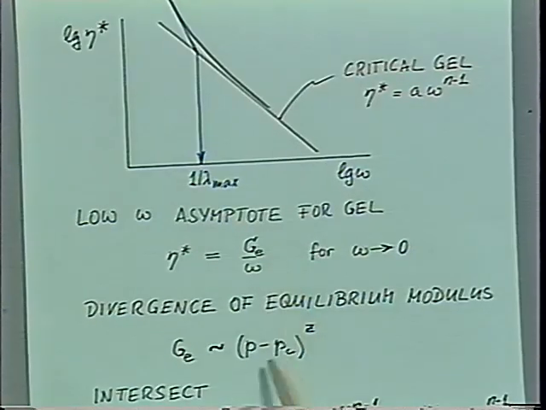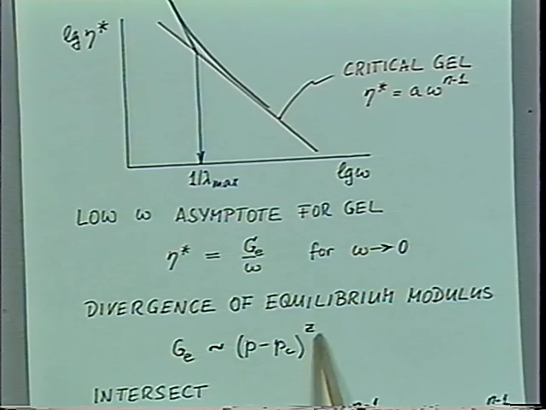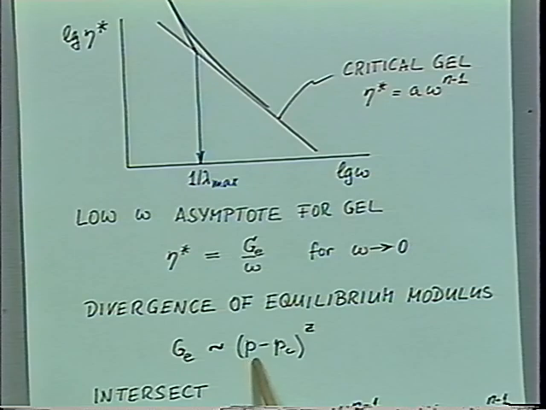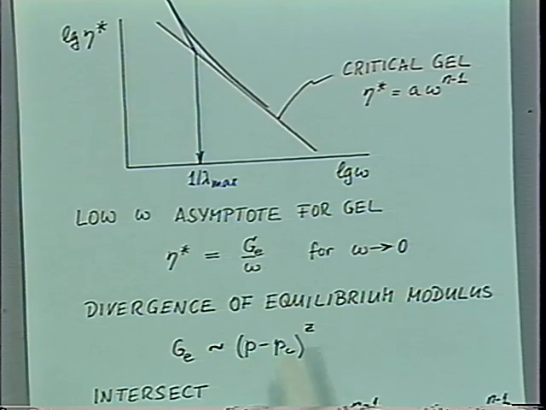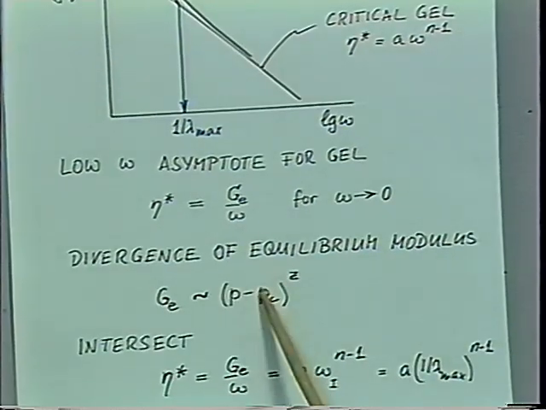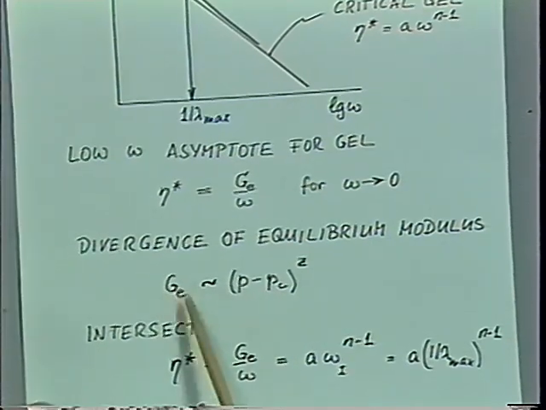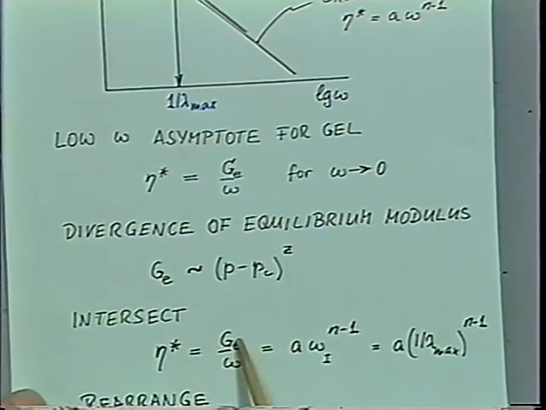And the equilibrium modulus is given by the critical exponent z in the approach of the gel point. P minus Pc is just the distance from the gel point. We combine this here. We introduce GE into eta star.